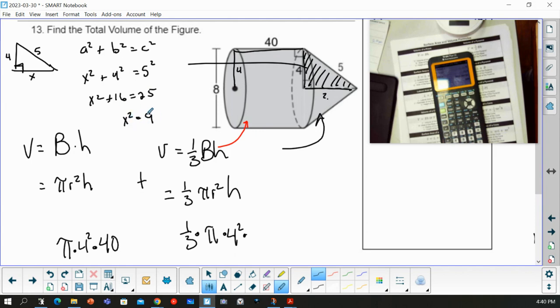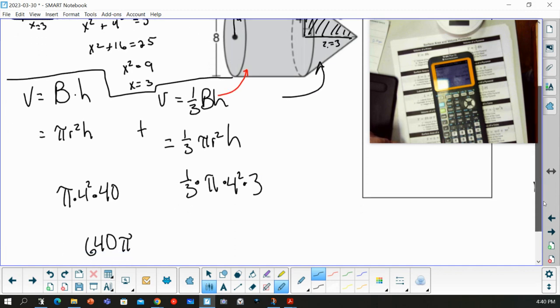The square root of 9: x equals 3. Let me draw a line right here so we don't get these two things confused. This was all about finding the height of the cone. So I can now write it right there, 3.